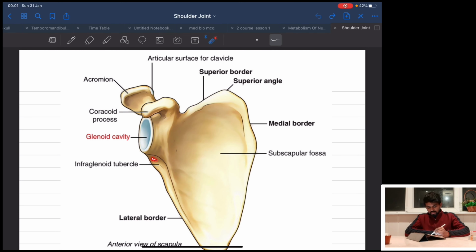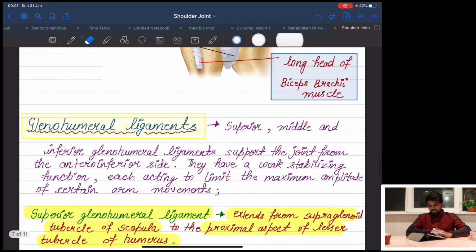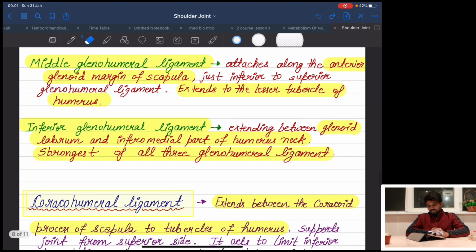Here is the inferior glenoid tubercle. So behind this coracoid process we have the superior glenoid tubercle.